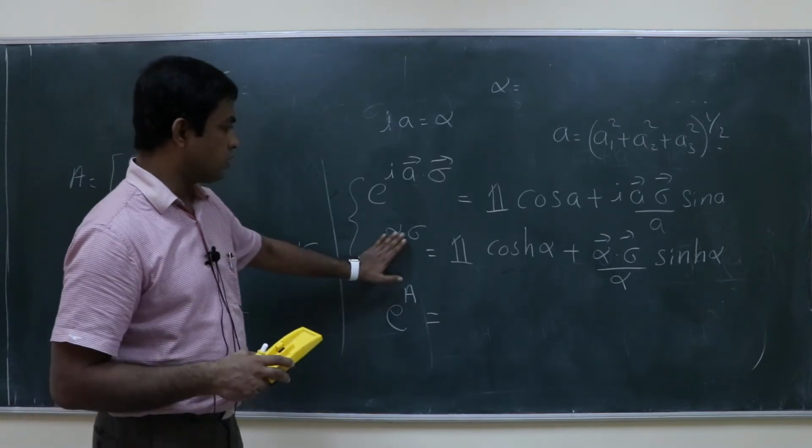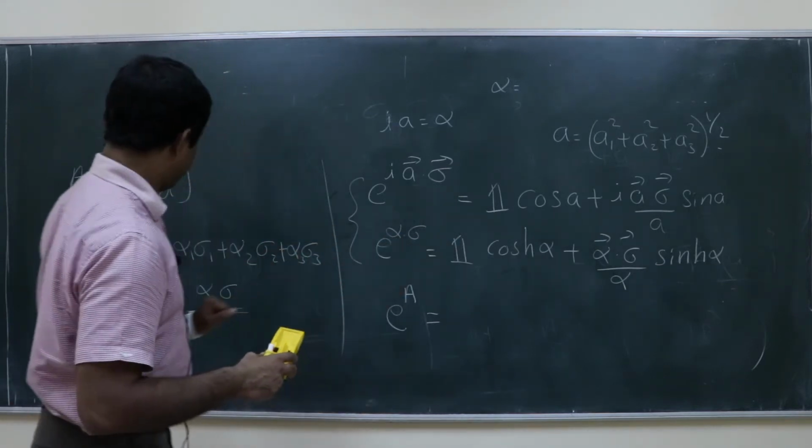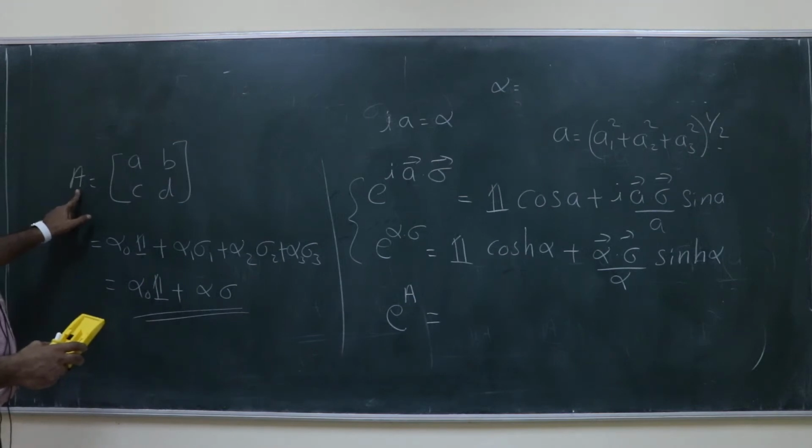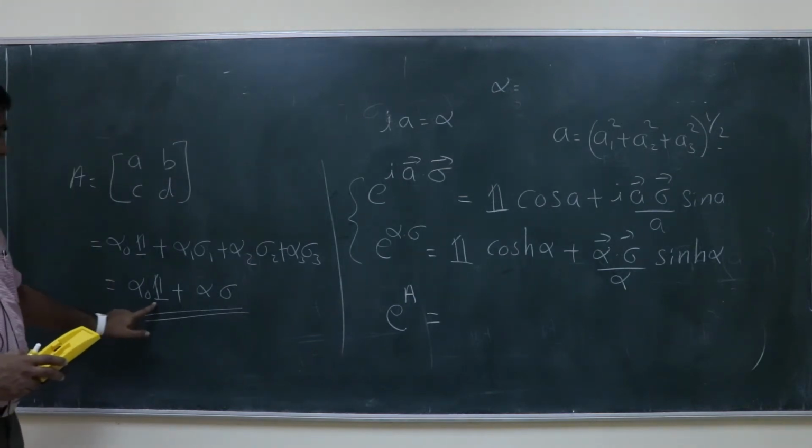See, e power alpha dot sigma is equal to this, okay? And I just want to find out e power a, where a is alpha 0 I plus alpha dot sigma.